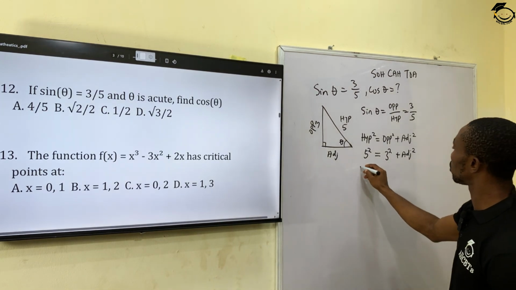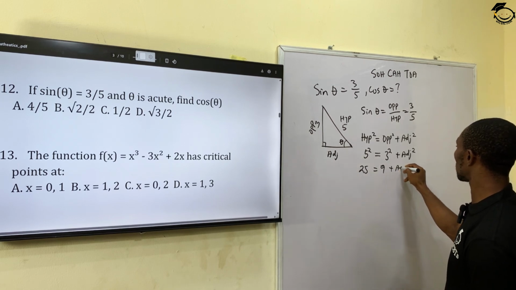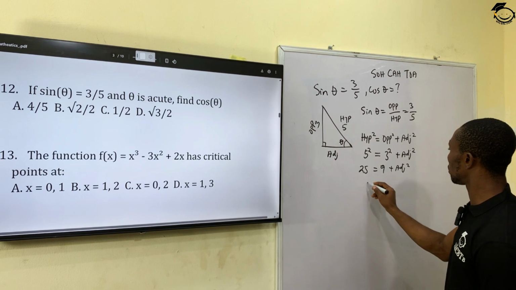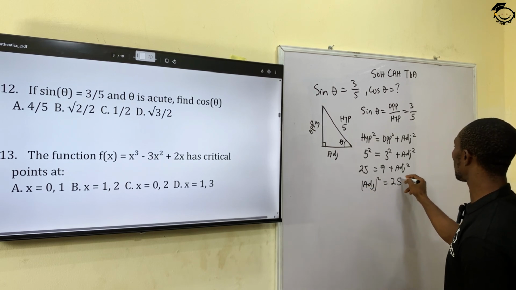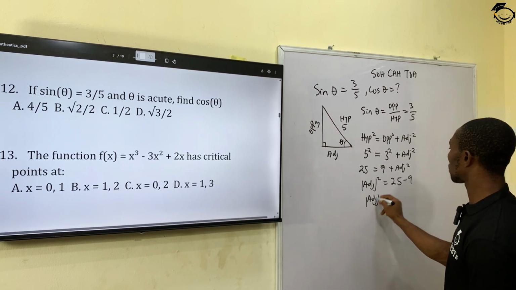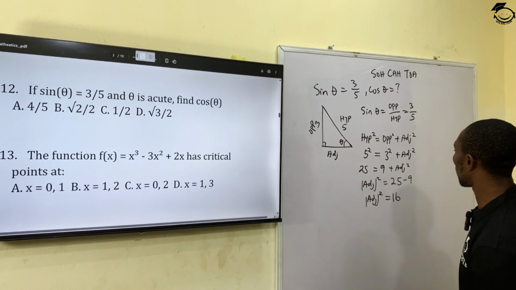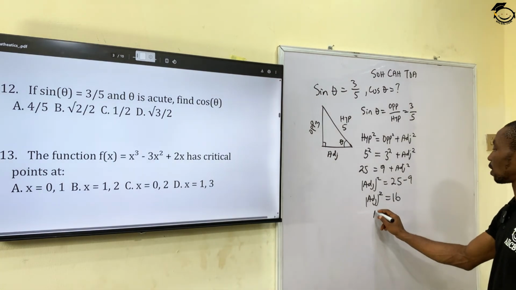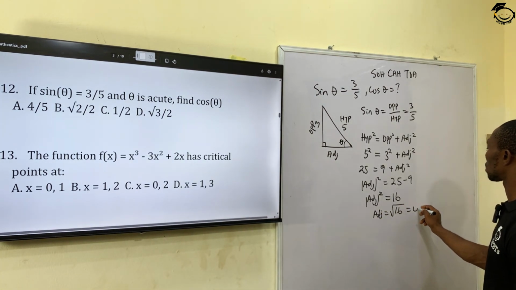Now 5 squared is 25 and 3 squared is 9 plus adjacent squared. So this becomes adjacent squared equals 25 minus 9, and 25 minus 9 will give us 16. Now our adjacent will become the square root of 16, which is 4.